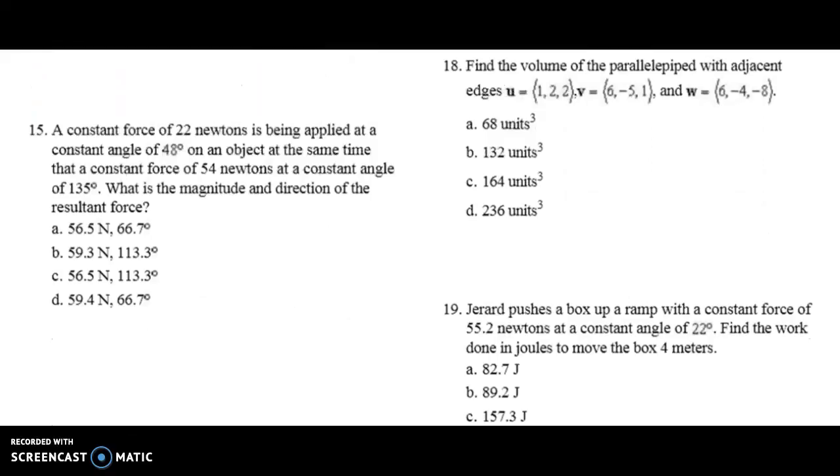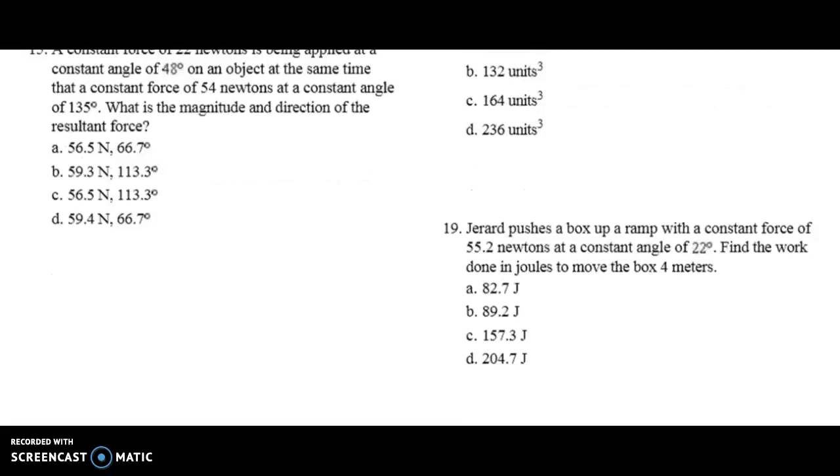Number 15, a constant force of 22 newtons is being applied at a constant angle of 48 degrees on an object at the same time that a constant force of 54 newtons at a constant angle of 135 degrees is on it. What is the magnitude and direction of the resultant force? Essentially I need to find my two vectors.